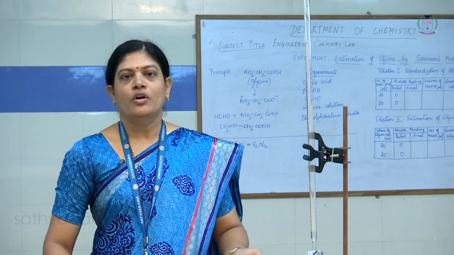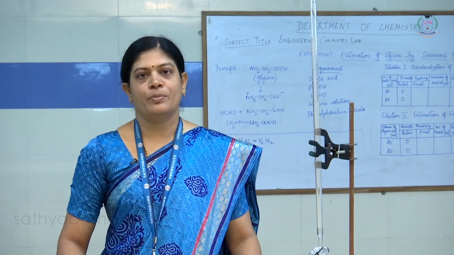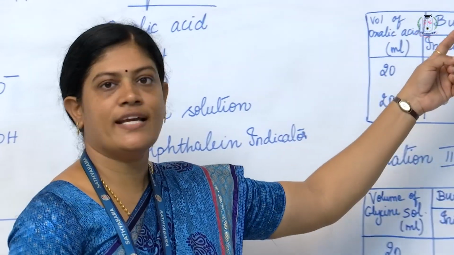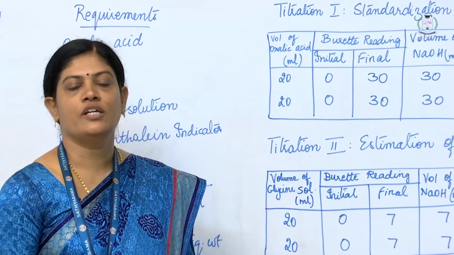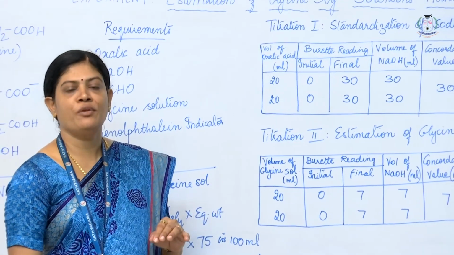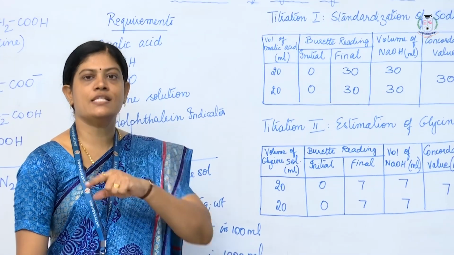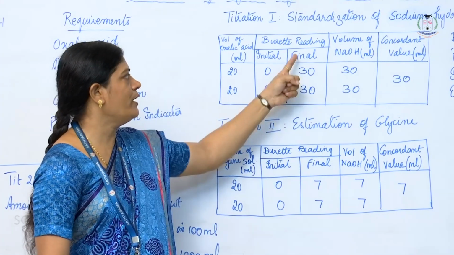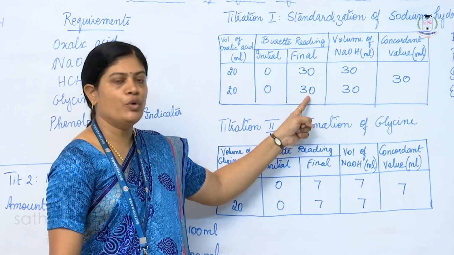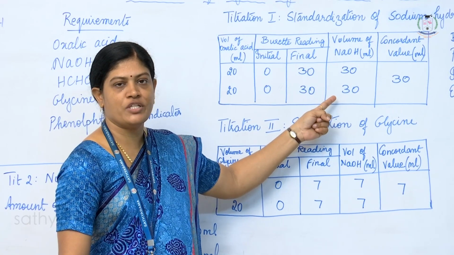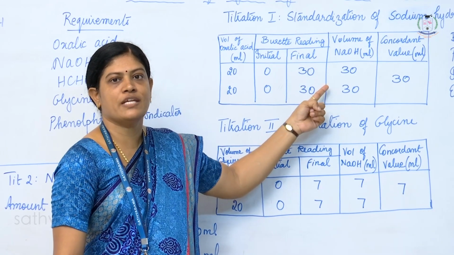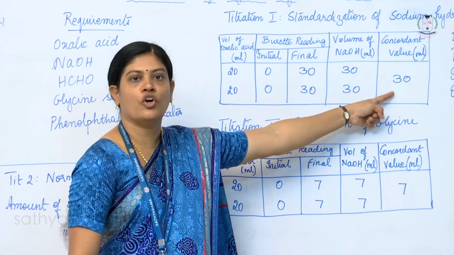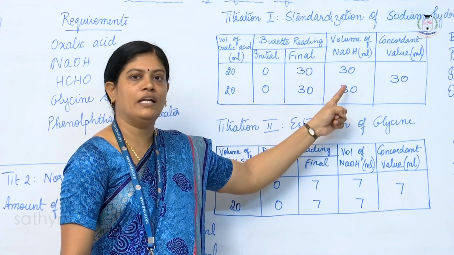Now, I am going to show you how the tabular column has to be filled with the readings. From the first titration, that is the standardization of sodium hydroxide solution, the concordant value, that is the end point we obtained as a result of titration, was 30 ml. So, the final burette reading will be 30 ml. In the burette we have taken sodium hydroxide solution, therefore 30 ml of sodium hydroxide was consumed for the titration, and we repeated the titration to get the concordant value and it is the same 30 ml.